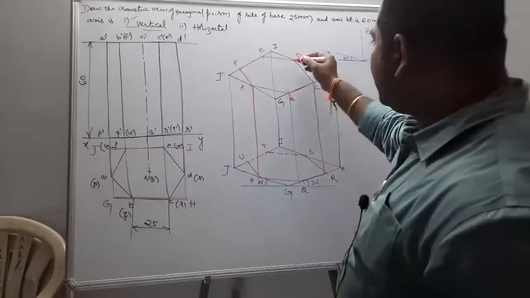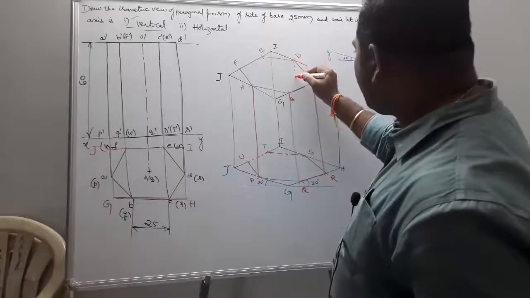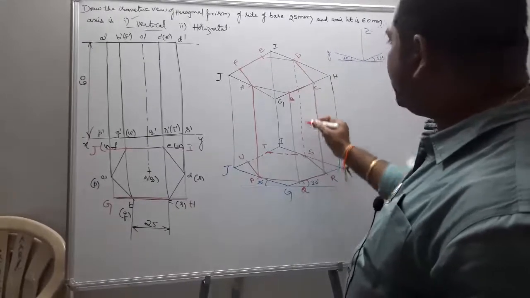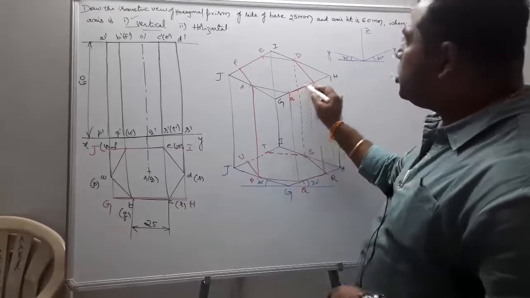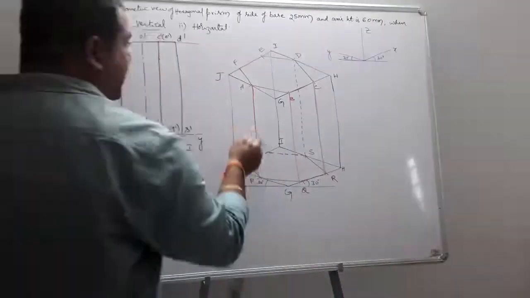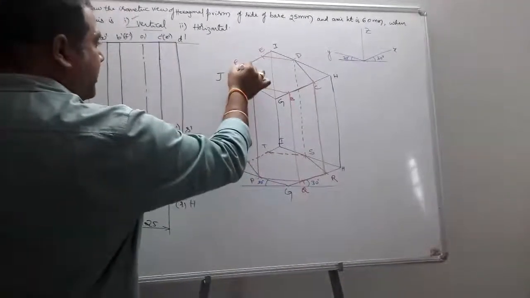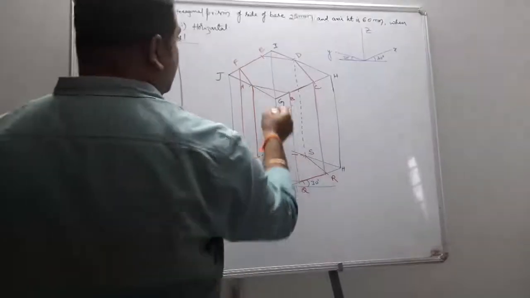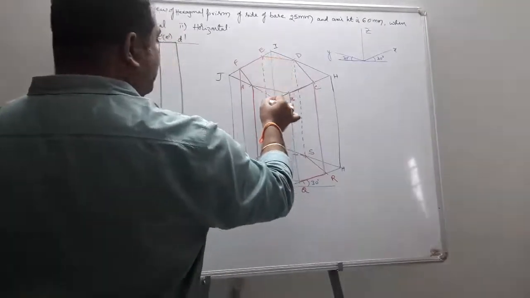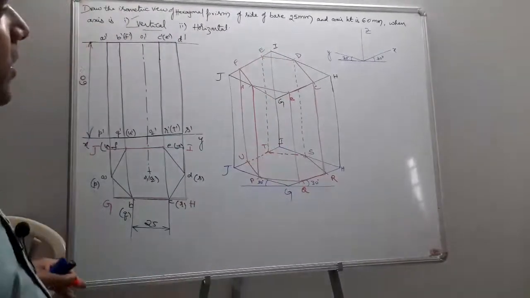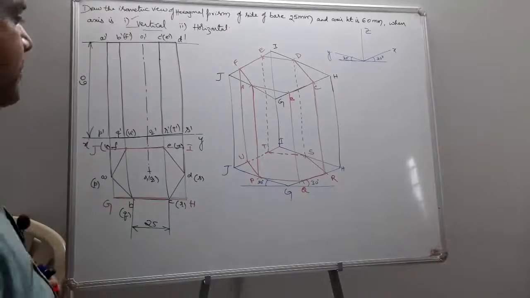Next, D with S. D with S is going to be the dotted line. Why? Because if I draw the solid, it is supposed to cut the top of base edge. So it is going to be dotted. Next, F with U, no problem. Directly I can join F with U. Next, E with T. E with T is going to be like this. Okay, I join all the edges.